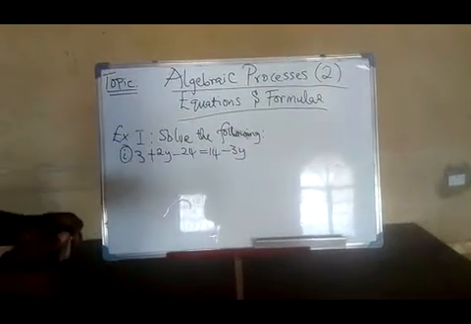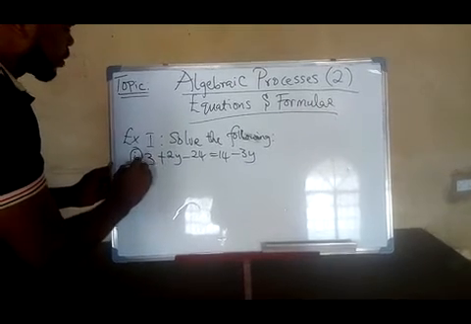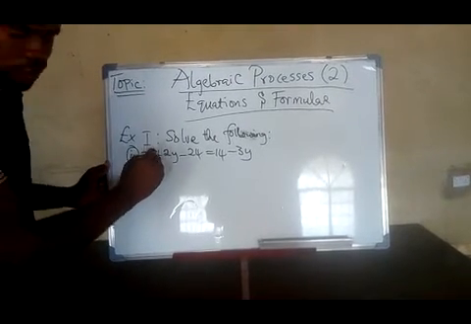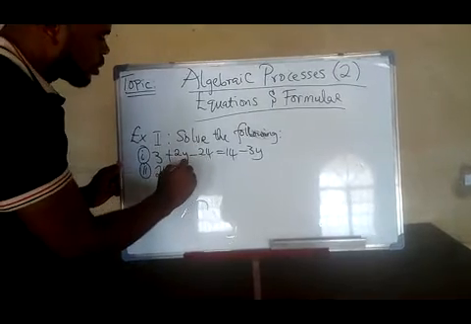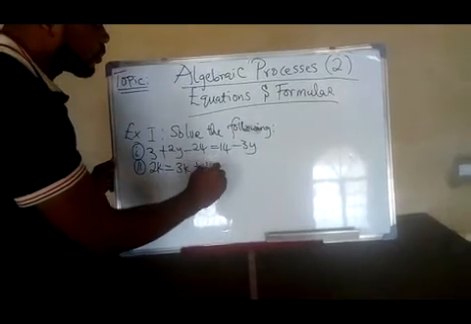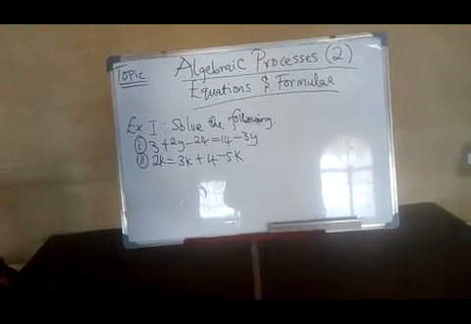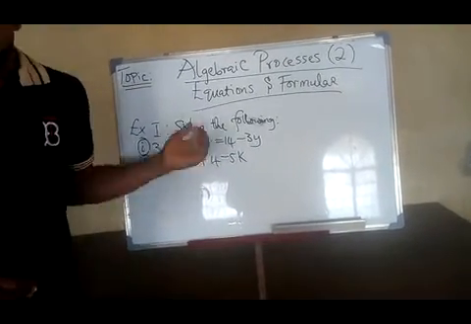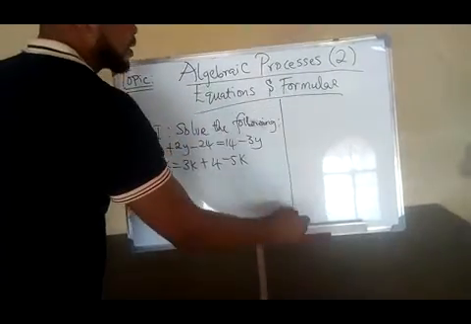And also let us try out 2k equals 3k plus 4 minus 5k. Okay, let's see these two. I know they are quite simple. You must have done stuff like this in your JSS classes.